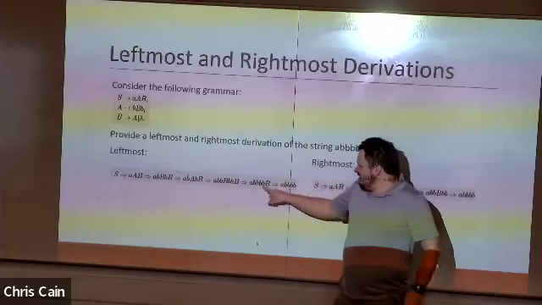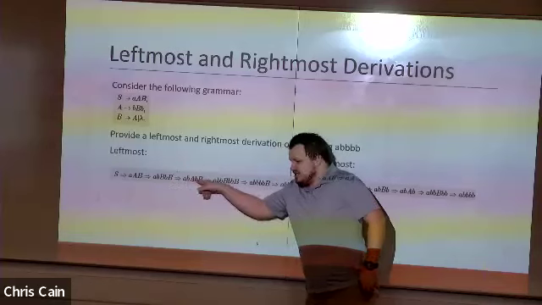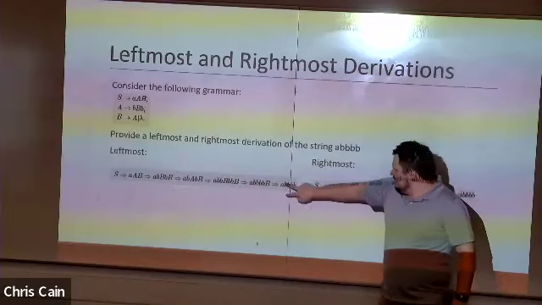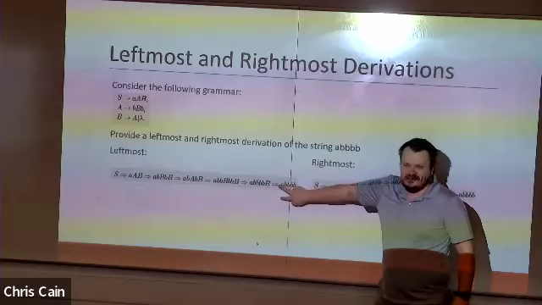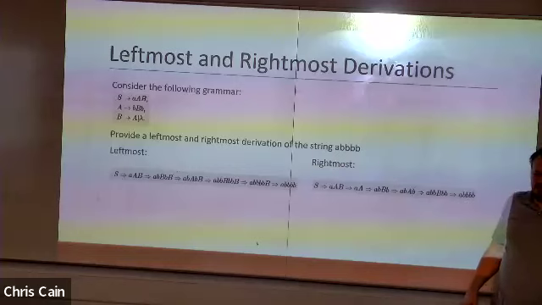We very easily could have made the opposite choice, where this B is lambda and this B expands, because they both produce the same string. So because of those choices, there will be two different parse trees that work for this. Okay.